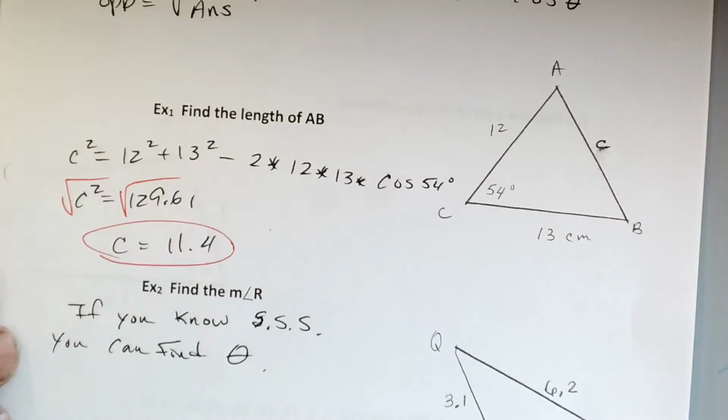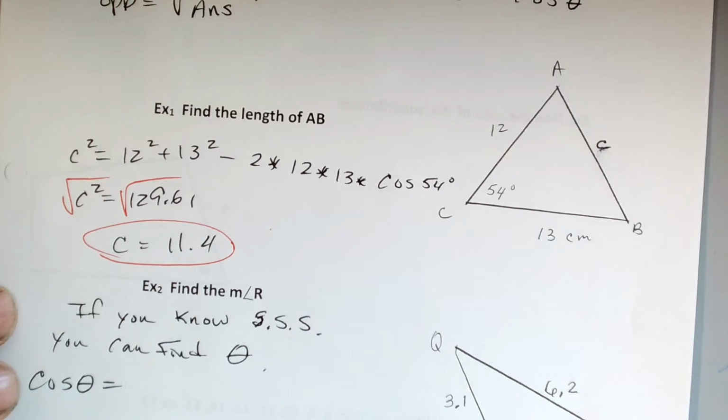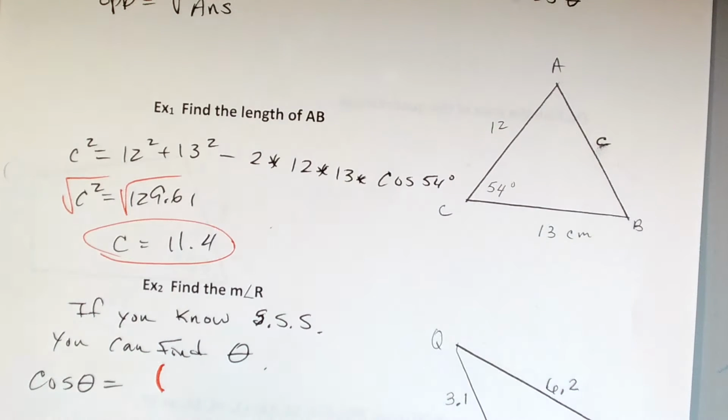So it's going to be cosine theta equals parentheses. And the parentheses are super important for your calculator because you're going to have the entire top divided by the entire bottom, okay?